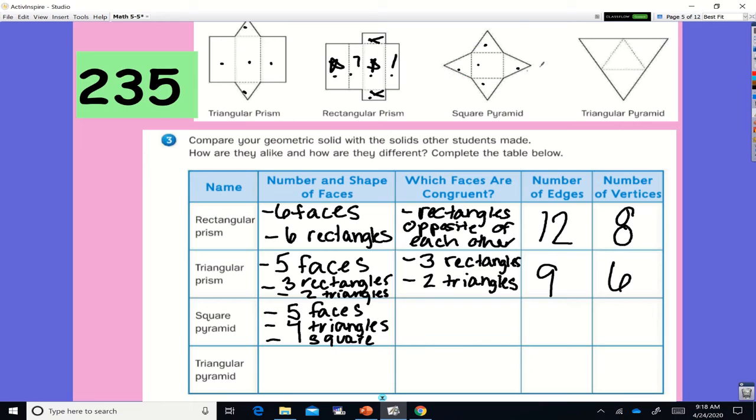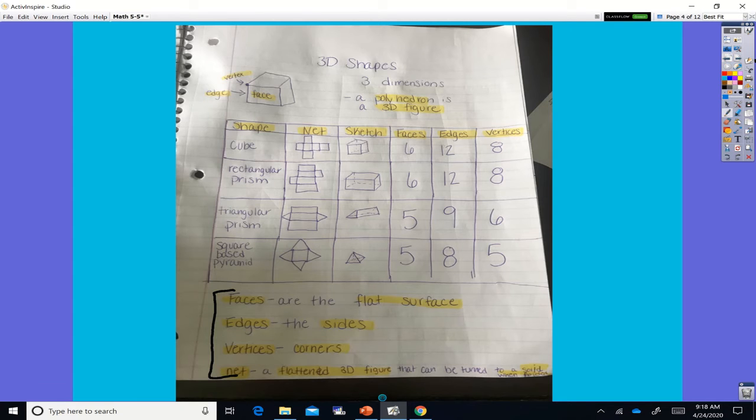The shapes that are same are all my triangles, so I'm going to say my 4 triangles. Now I'm going to look at my sketch to find my edges. For edges, we have 1, 2, 3, 4, 5, 6, 7, 8. That's where I get 8 edges.